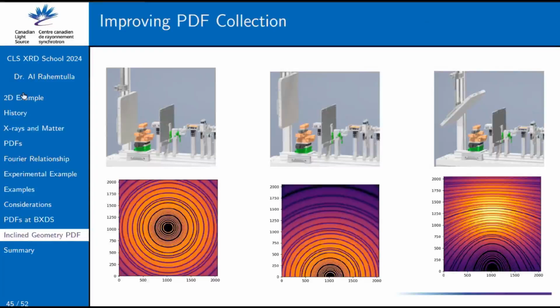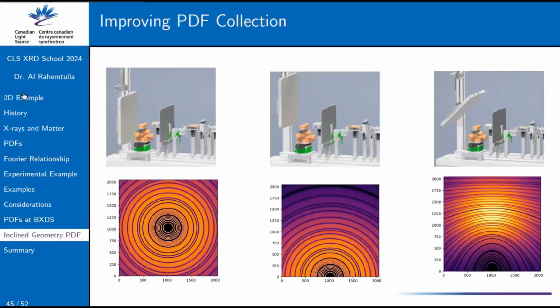So one thing we could do is shift the detector up. And when we do that, suddenly the highest angle we can get at a given distance is a bit higher. We actually did that for a group last year because they had something with very low Q structure that they wanted to capture. And they were also doing stuff in situ where they needed data collection fast.